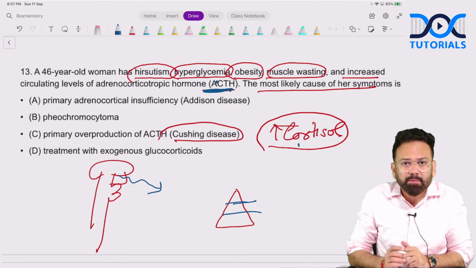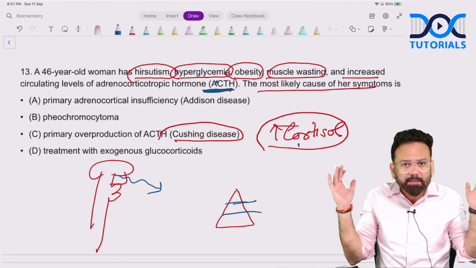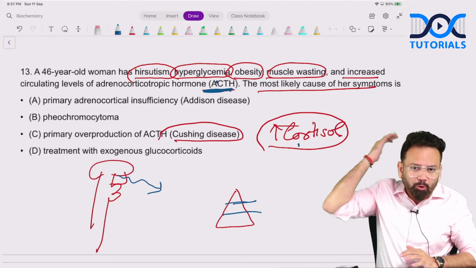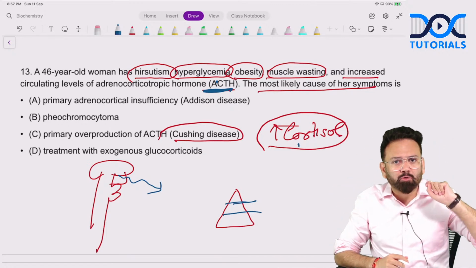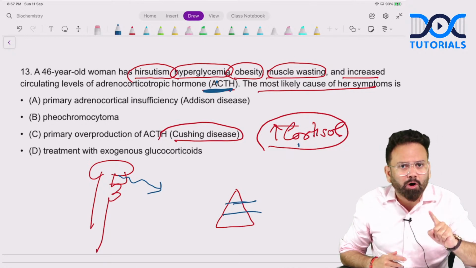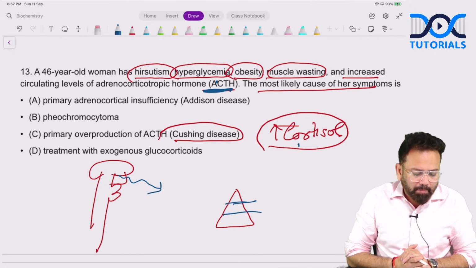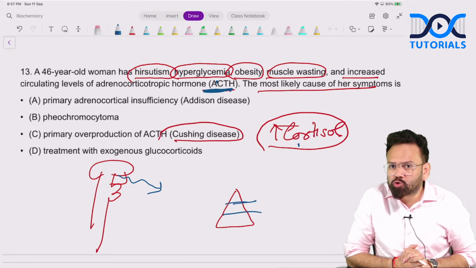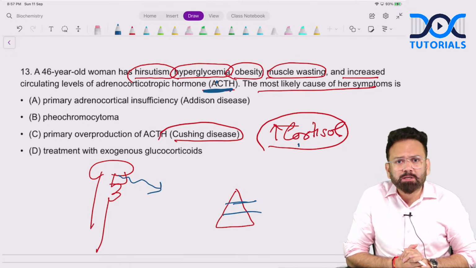This produces hirsutism, hyperglycemia, obesity. Which type of obesity is this? Centripetal obesity. Buffalo hump is there. Why? Because cortisol is a lipolytic hormone. Now you will ask me, if cortisol is a lipolytic hormone, why is the patient obese?